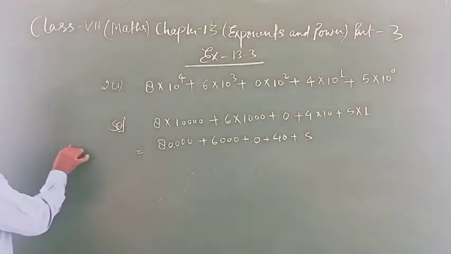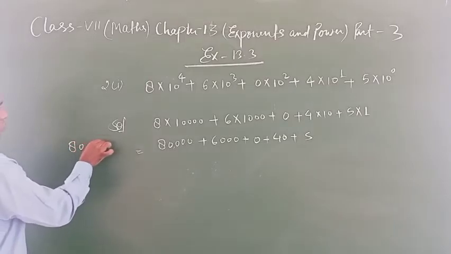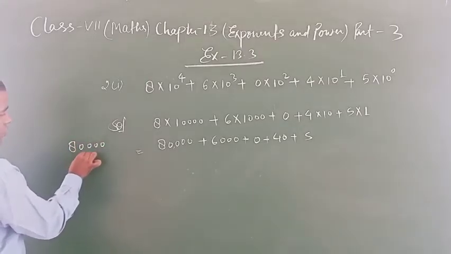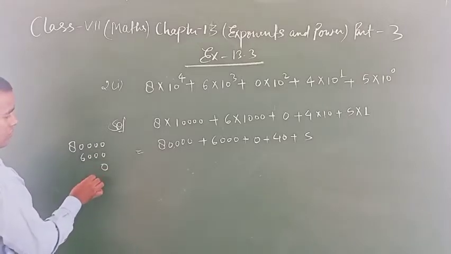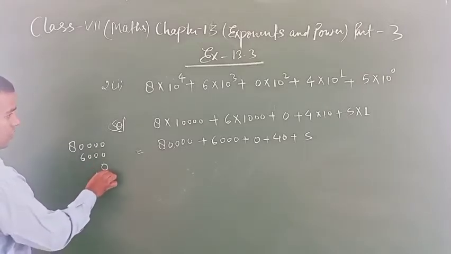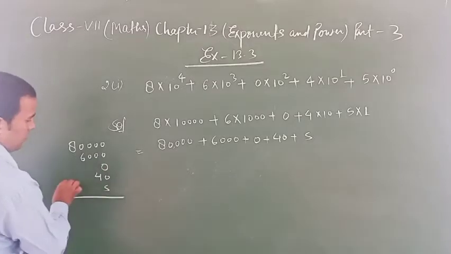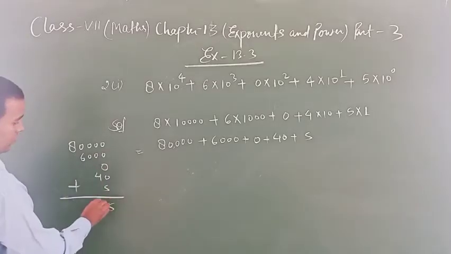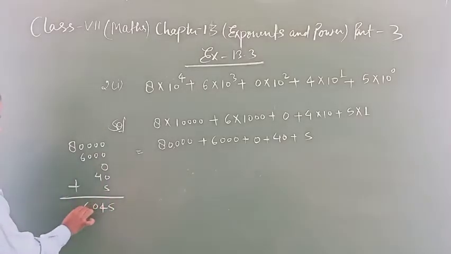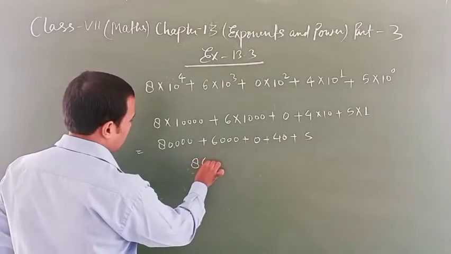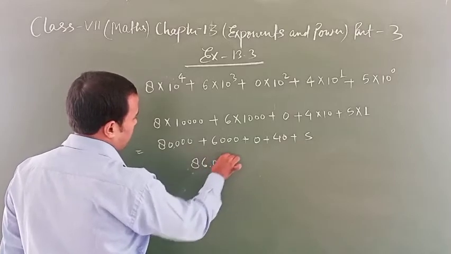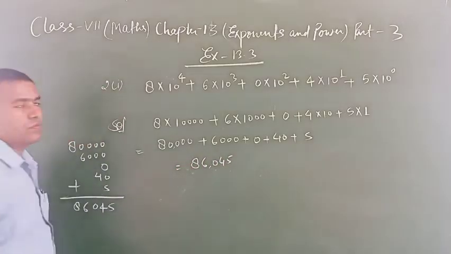So 80,000 plus 6,000 is 86,000, plus 45. So 86,045 is the answer.